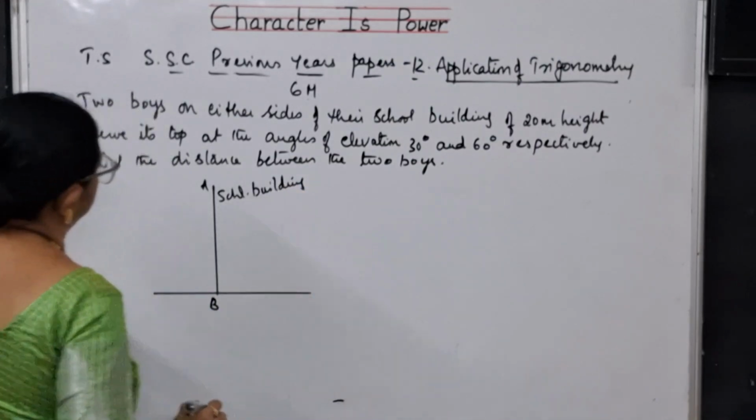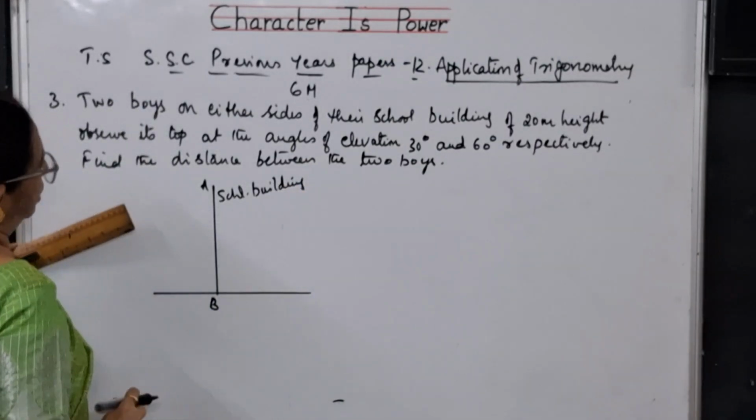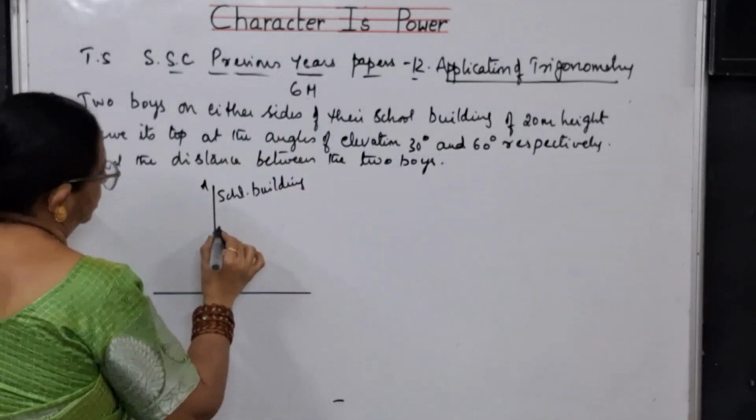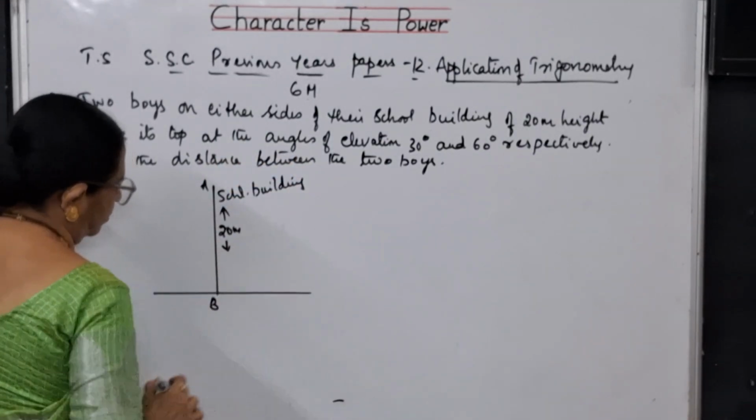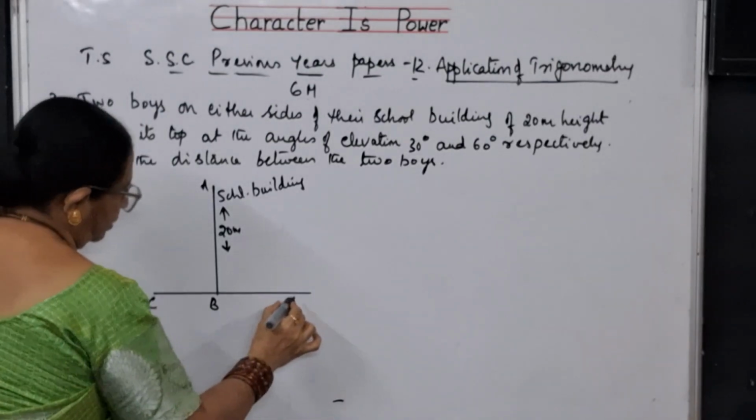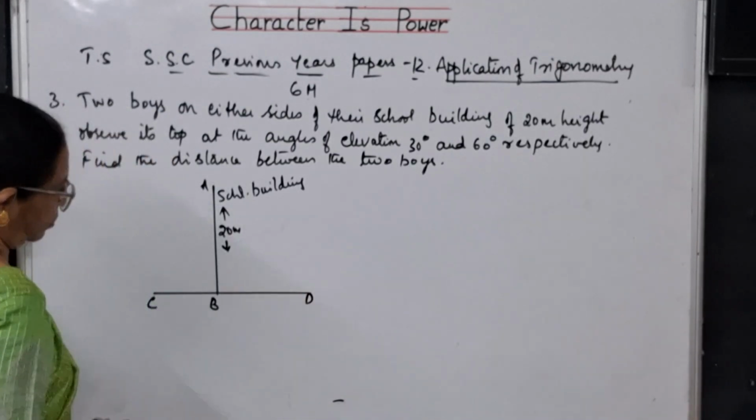And what is the height? They said the height of the school building is 20 meters. So this height is 20 meters. A person is here, a person is here.